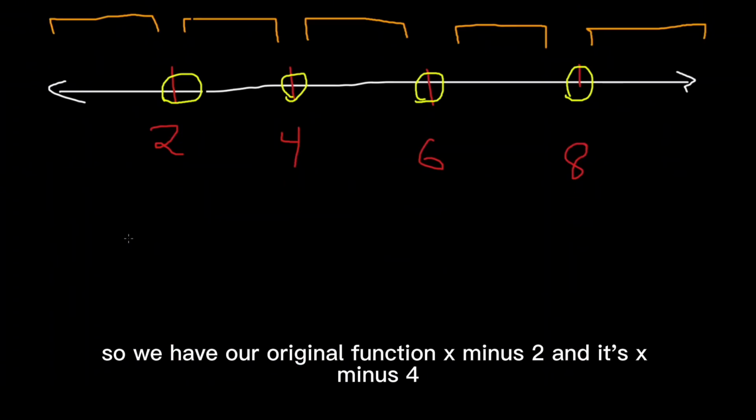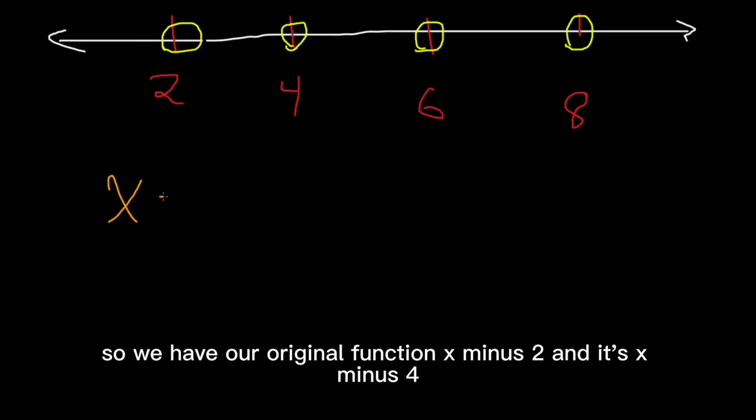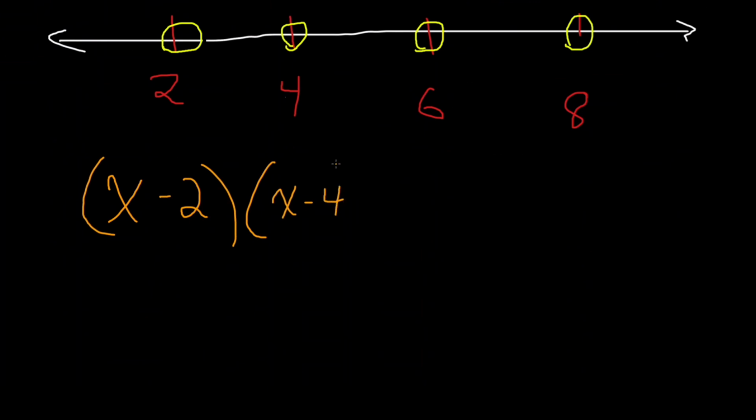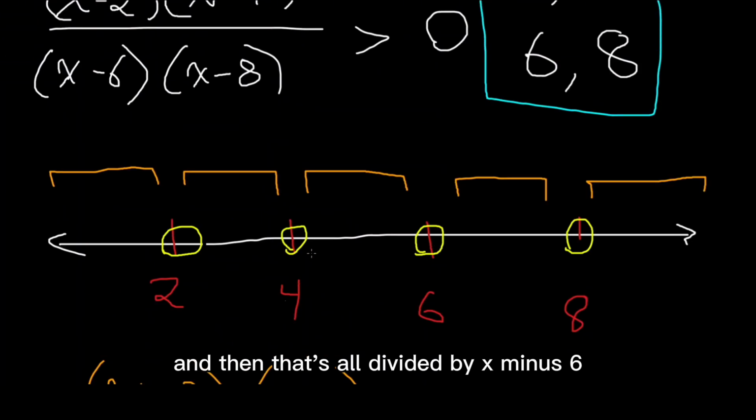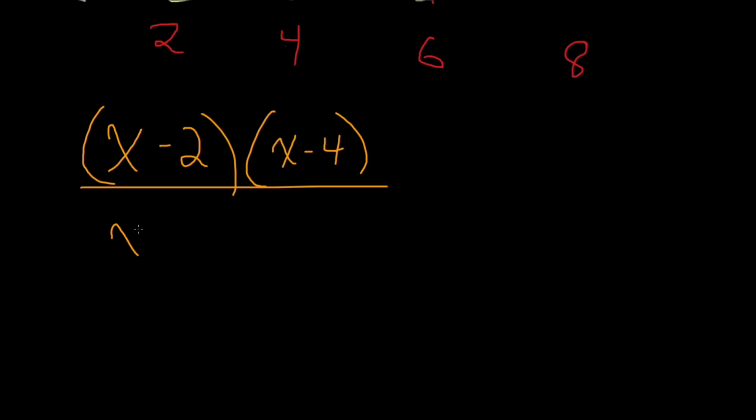So we have our original function, x minus 2, x minus 4, and then that's all divided by x minus 6, x minus 8.